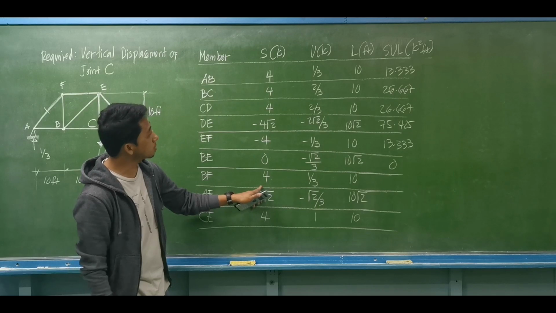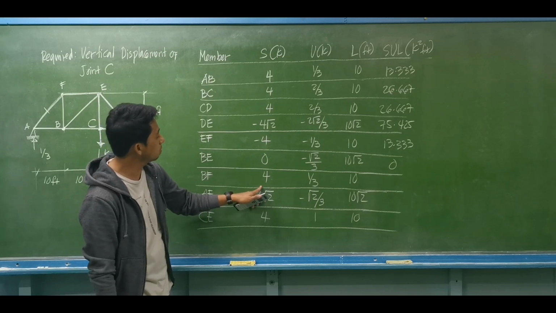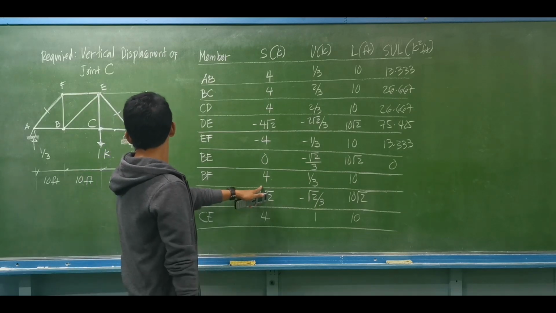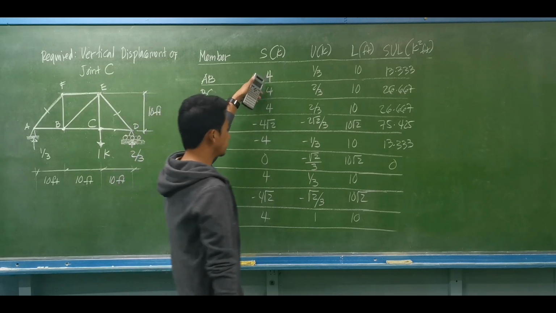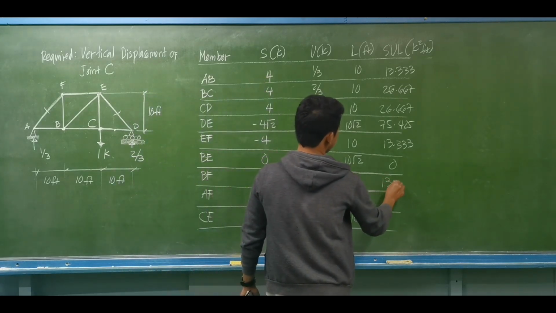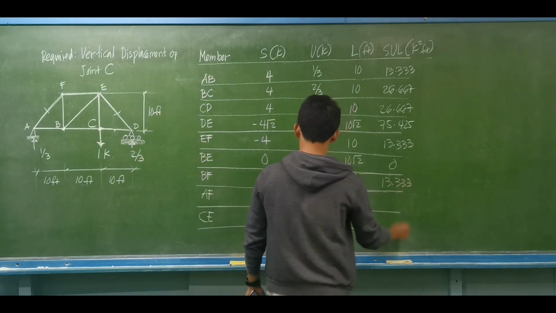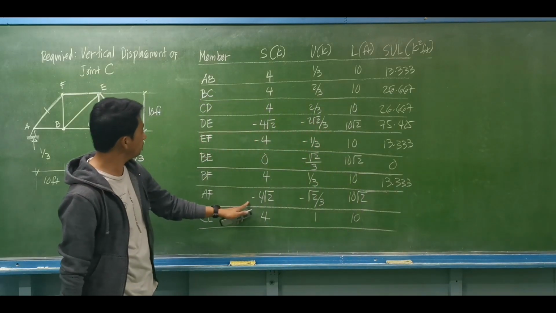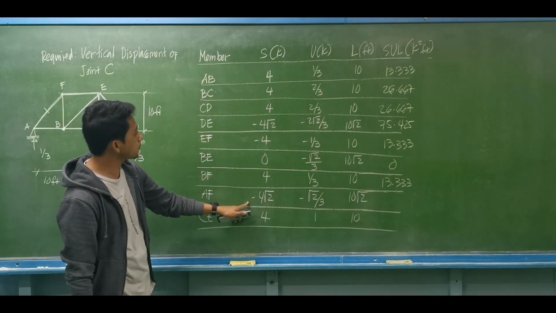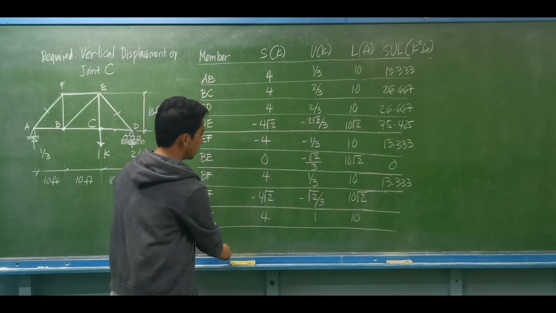And this one is, I think, the same kind. I remember BF, it's the same here. It's the same as 13.333. And for member AF, they are a bit different.